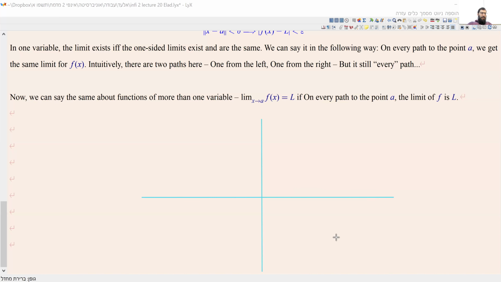Now, let's say the point is the origin. It's the most common example here. How many ways, how many paths can we walk to the point (0, 0) when our domain is the plane and not just the real line?